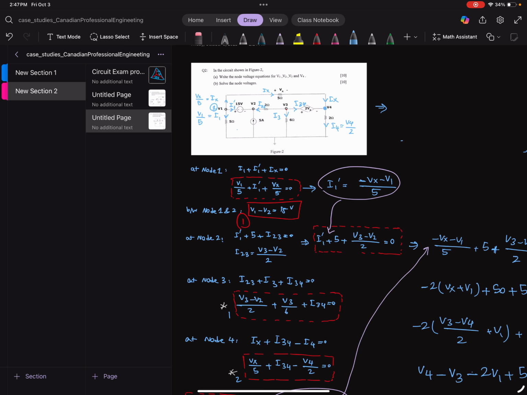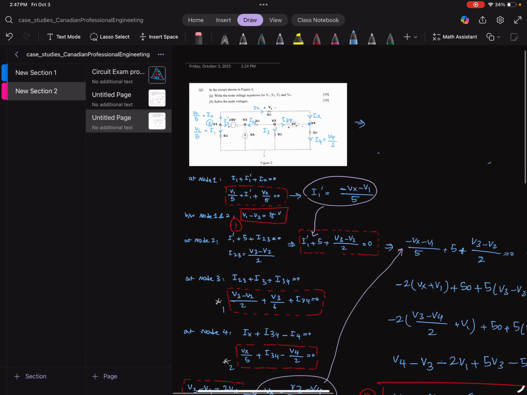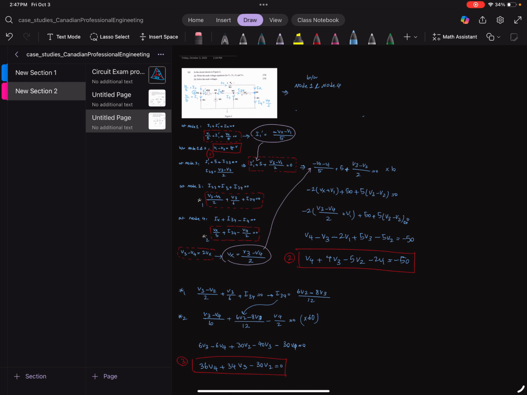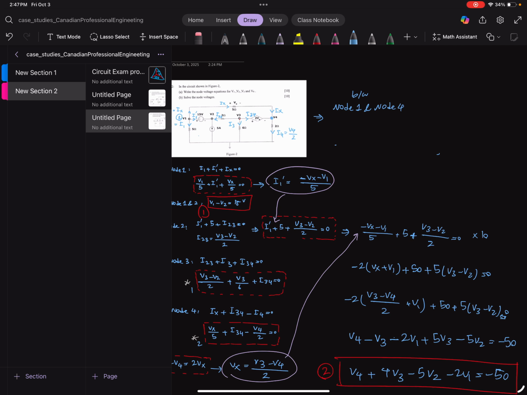And their voltages must be the same. So right now, we did all of the nodes together, but we didn't do node 1 and node 4. Between node 1 and node 4. Okay, we are pretty far away, but that's why I'm gonna continue here so you can see the circuit at the same time.